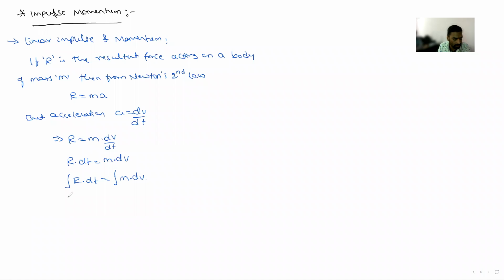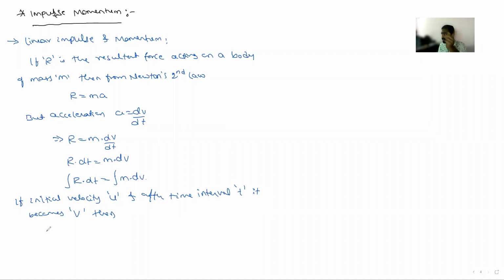Here, the initial velocity is u, and after time interval t it becomes the final velocity V. Initially time is 0, after some time it is t.